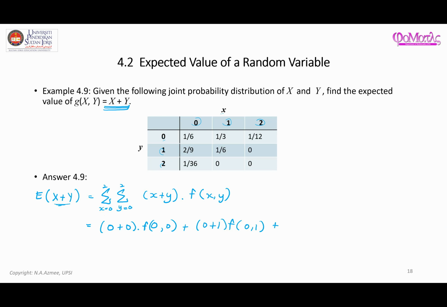So we change y to 2, times f(0, 2), and we stop right there because we are done up to the highest value of y. So y equals 2 is the highest point right here.